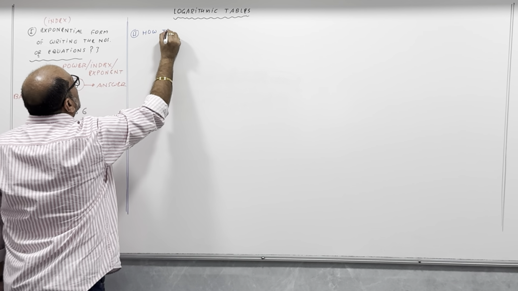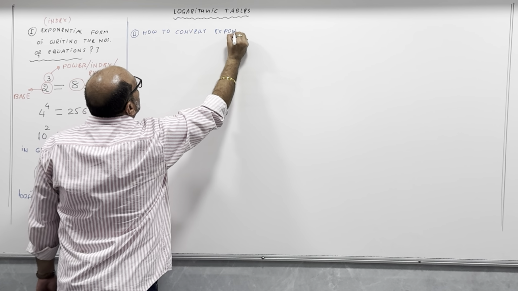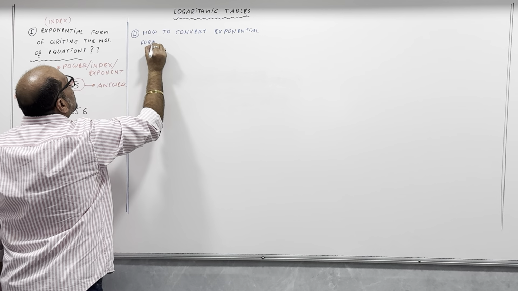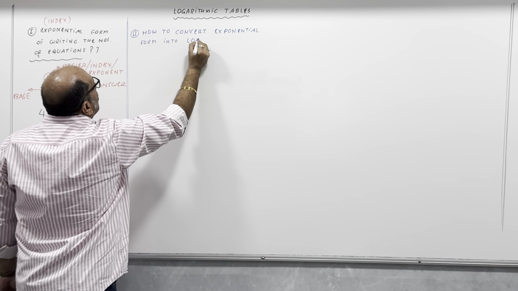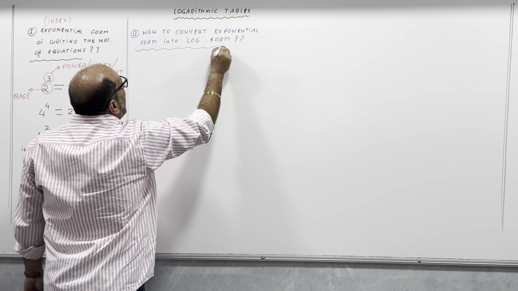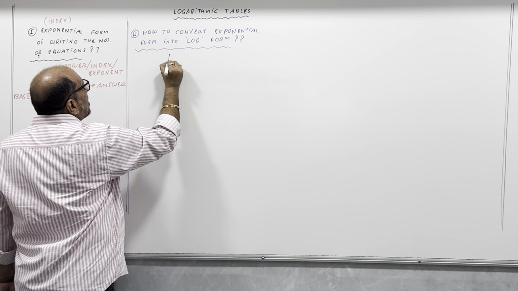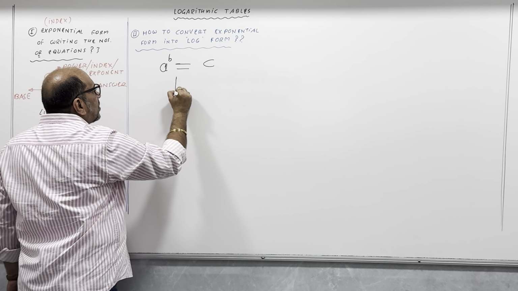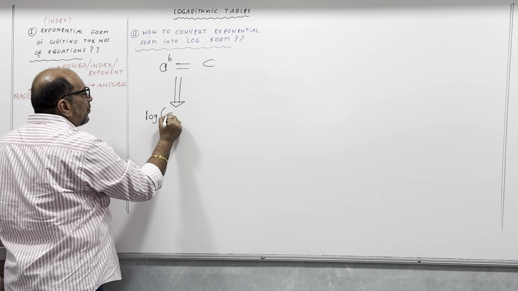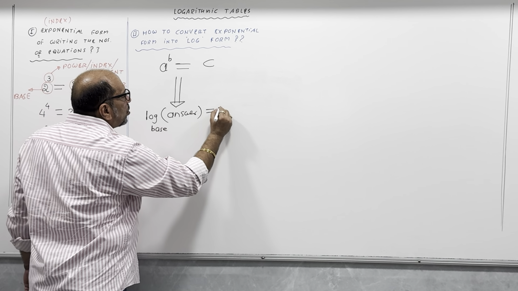Now our main exercise begins, and that is how to convert exponential form into logarithmic form. Now, the exponential form was, as you see, a raised to b was c. Mind you, the conversion formula is, we pronounce it as log of answer to the base is equal to index.